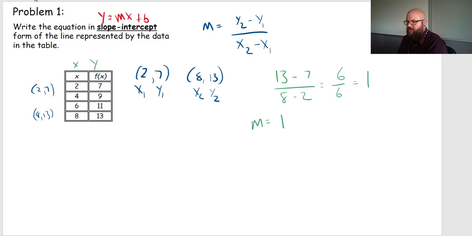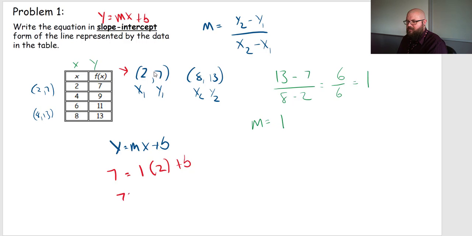So for this equation, again, you have y equals mx plus b. And I'm going to use this point right here. So my y value is a 7, my slope is 1, my x is 2, and plus b. So let's solve for b.